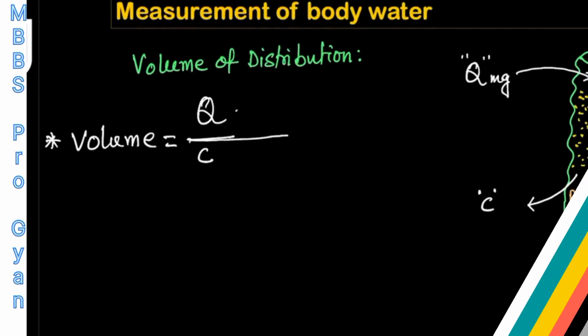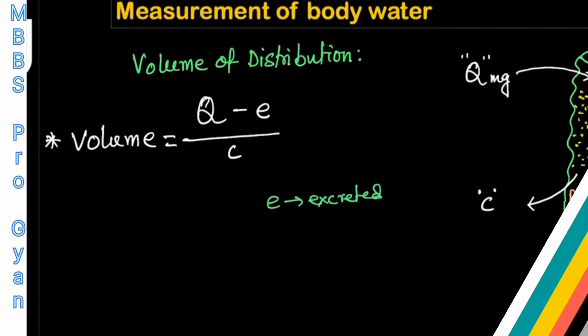So the formula is a little modified, that is Q minus E upon C. So Q minus E upon C is the formula of volume of distribution, where E is the excreted or metabolized part of the substance.